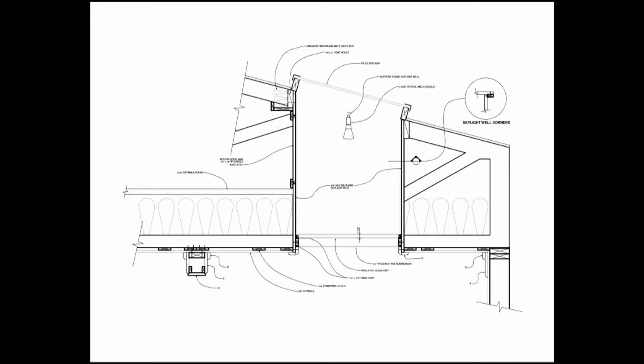At the bottom of the skylight is an insulated glass unit that I had made up to fit that, the contractor had it made up. And then underneath that is another layer of polycarbonate that is lightly frosted.